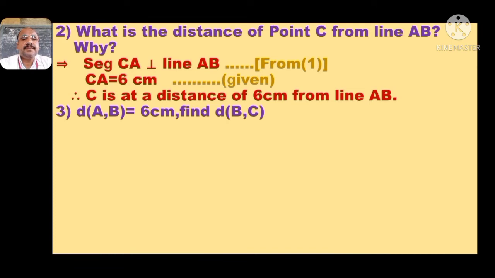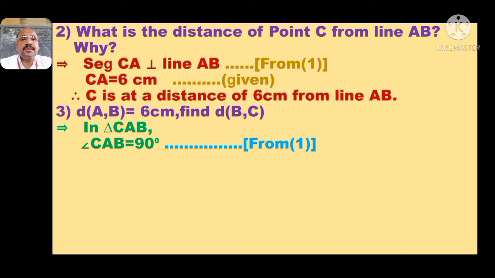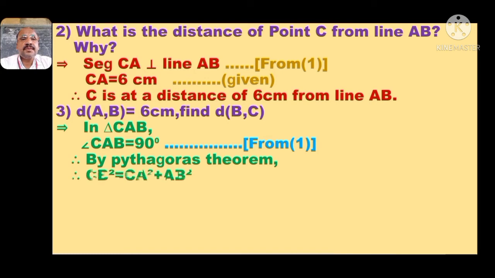Now, third one, the distance AB is equal to 6 cm. Then find the distance BC. In triangle CAB, angle CAB is equal to 90 degrees from equation number first. Therefore, by the Pythagoras theorem, hypotenuse square is equal to first side square plus second side square.